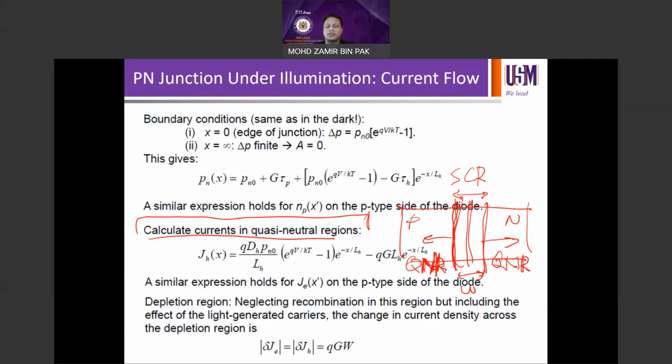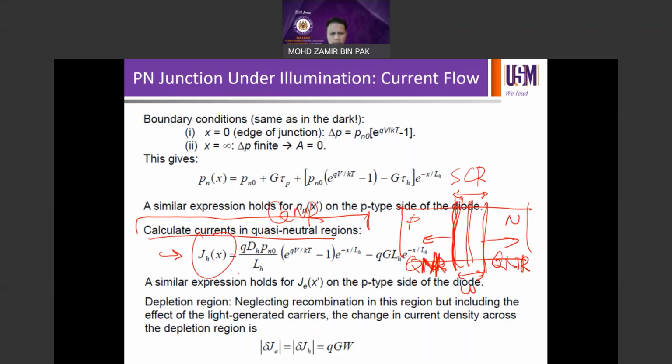Since the carriers, electrons and holes, need to travel through both QNRs, we need to know how to calculate the currents through the quasi-neutral region. And this is the equation that governs the current, right?